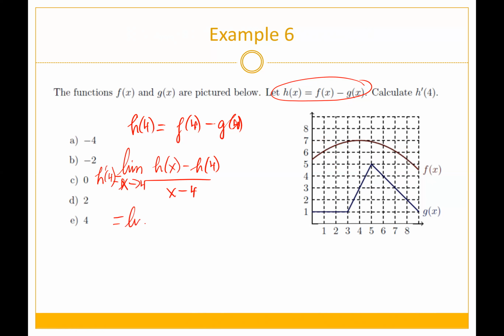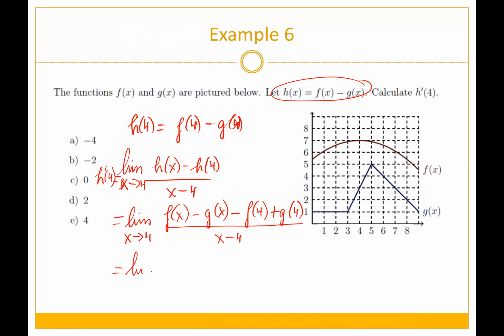That equals the limit of x approaching 4 of f(x) minus g(x) minus h(4). Now h(4) is f(4) minus g(4), but it's in parentheses, so when I take the parentheses out, it becomes plus g(4), divided by x minus 4.